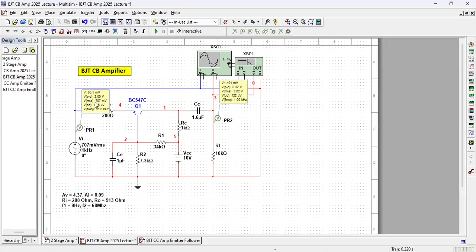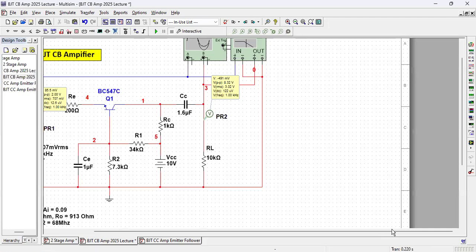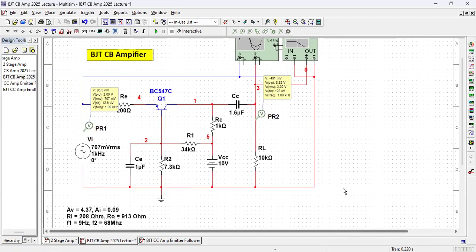Now these figures may be a little too small for you to see, so I zoom in. I think you can see now. Output voltage peak to peak is 8.32 volt and input voltage peak to peak is 2 volt.